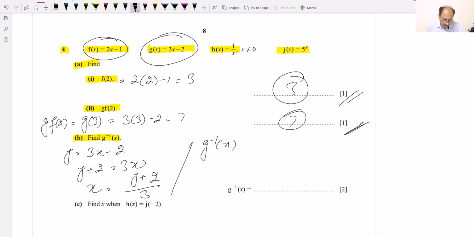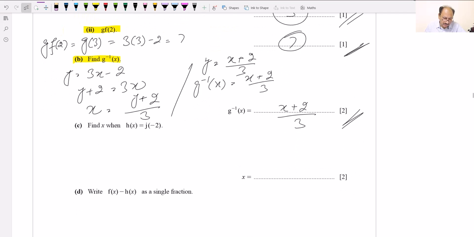Now we can swap x and y, so y is equal to x plus 2 over 3, and this will be g inverse of x is equal to x plus 2 over 3. Our answer will be x plus 2 over 3, and this is for 2 marks. Hopefully you understood this.